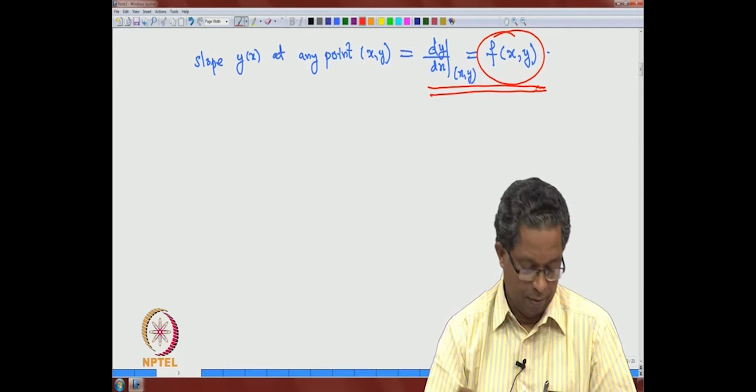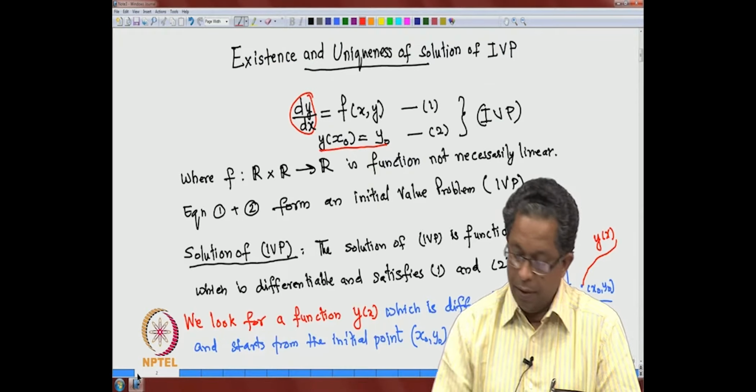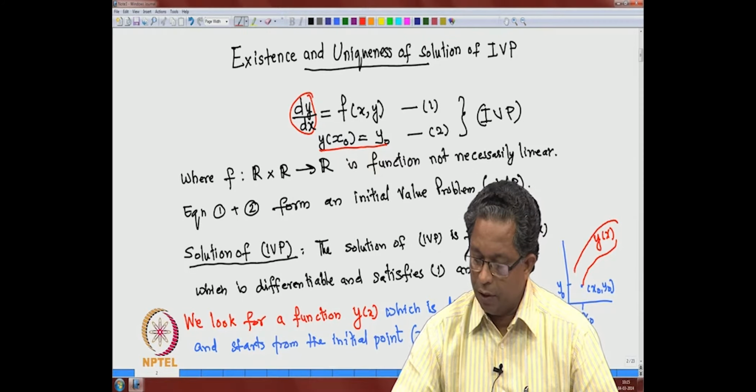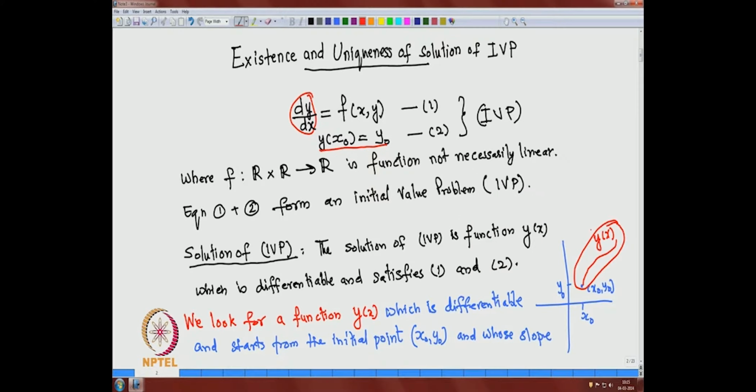We are looking for the function which starts from (x0, y0) and whose slope at any point is f(x, y).